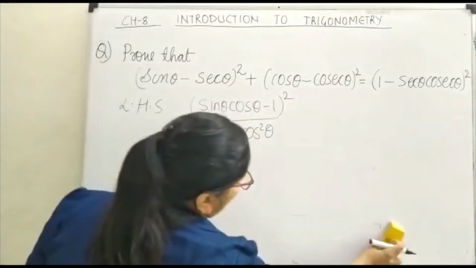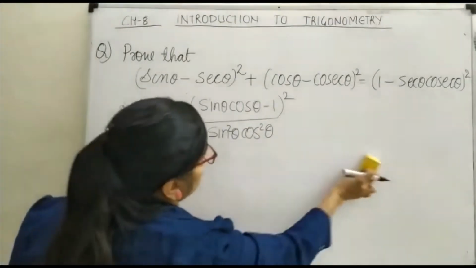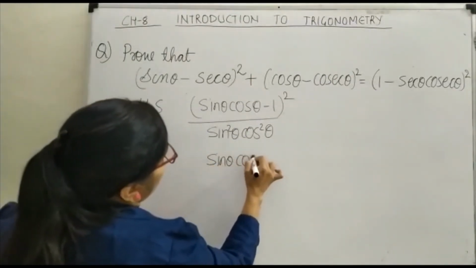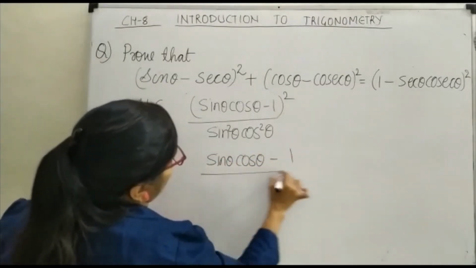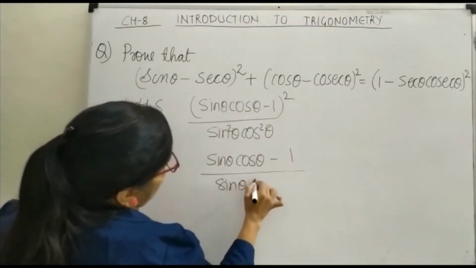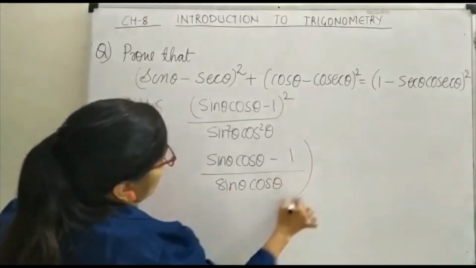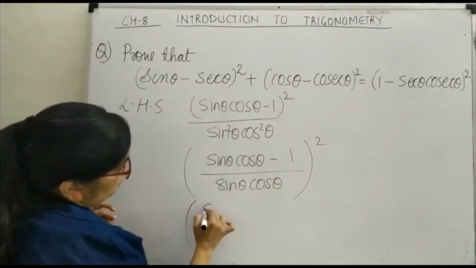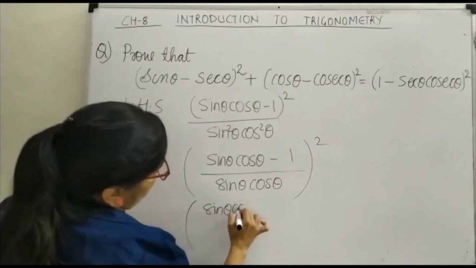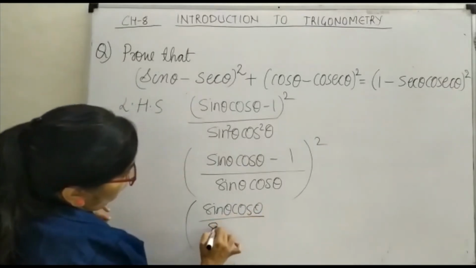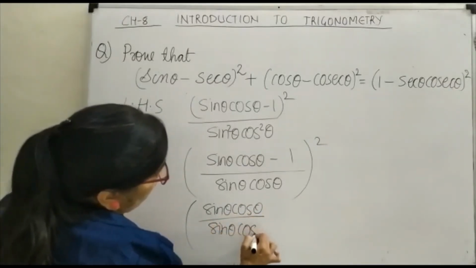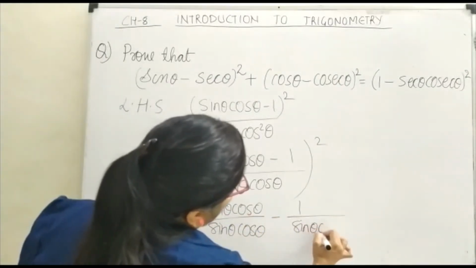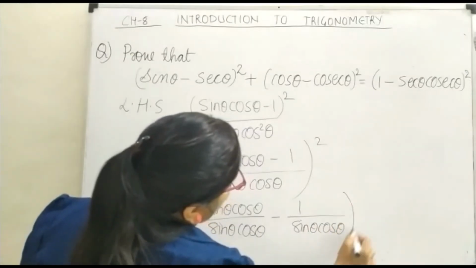Now here you can do two things. You can just adjust them: (sin theta cos theta minus 1 upon sin theta cos theta) the whole square, right? And just see, this becomes sin theta cos theta upon sin theta cos theta minus 1 upon sin theta cos theta, the whole square.